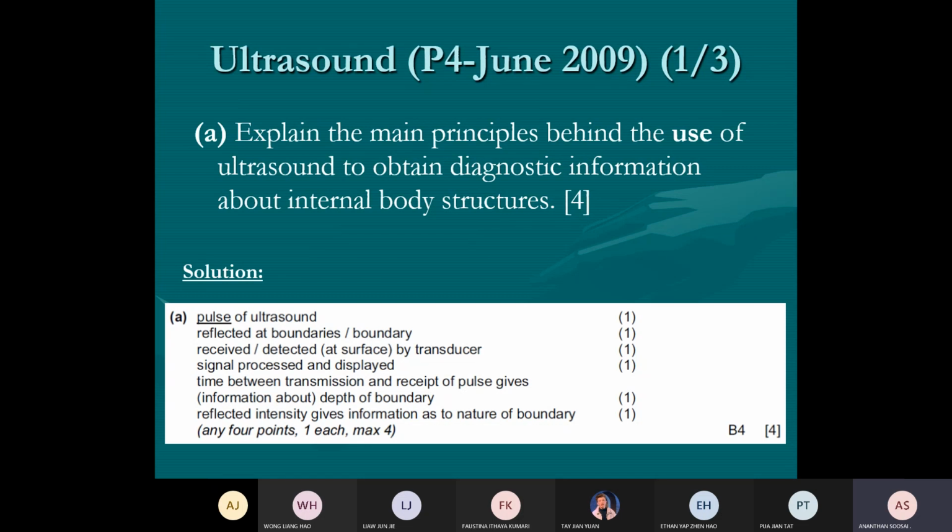The intensity of the reflected beam tells the nature of the boundary, meaning what type of tissue it is made of. The last 2 points need to be included. So, for the qualitative question on ultrasound, it's easy. Just remember these points. They can ask about it.